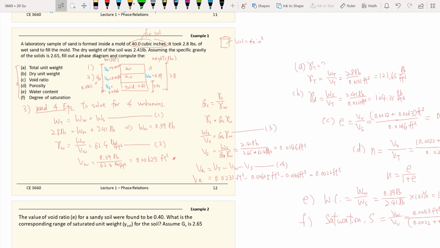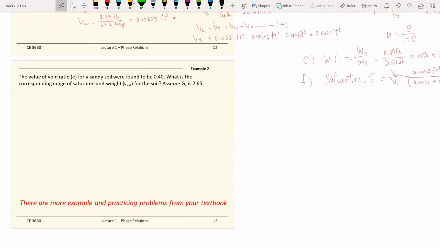In the midterms and final exams given to you, once I see you have a complete phase diagram with the correct information, pretty much I give you 90% of the credit already. To me, that's the most important part, setting up the phase diagram correctly. And step number 3 could be the most complicated one, because sometimes, like example 2 that we'll be working on, the information given to you in the problems may not be so obvious.